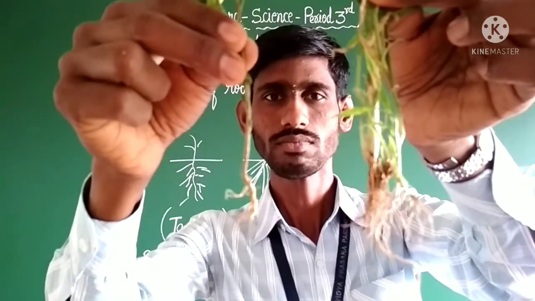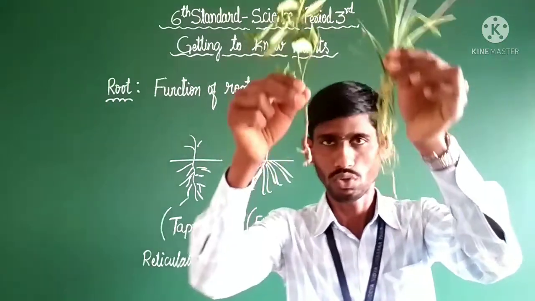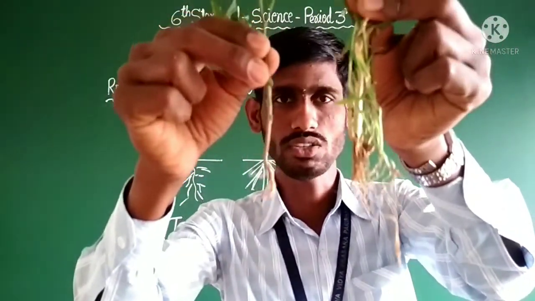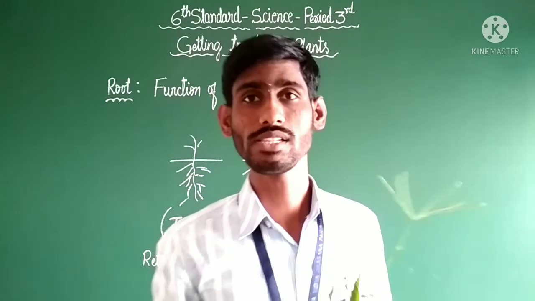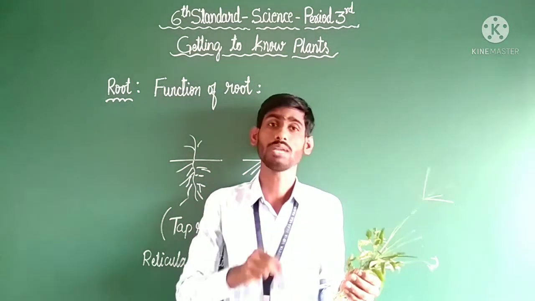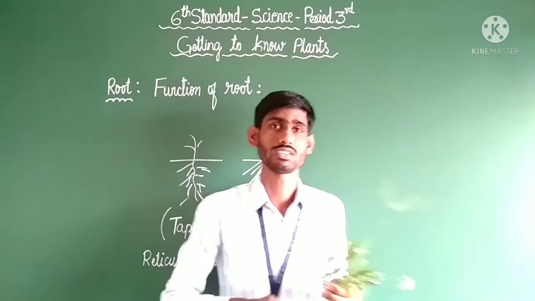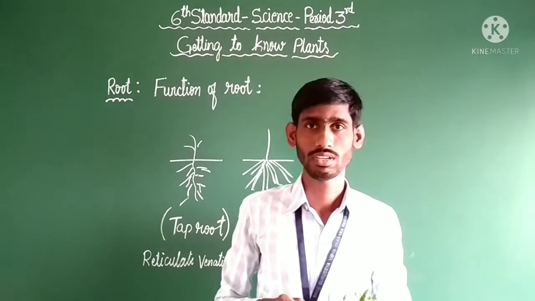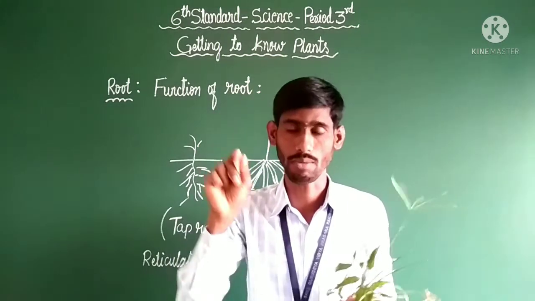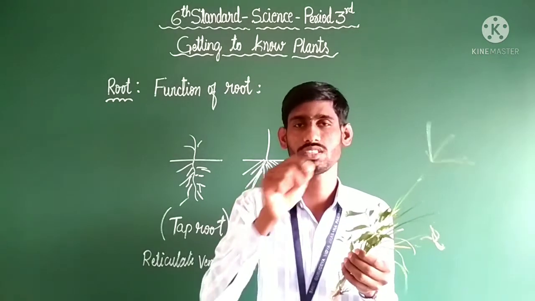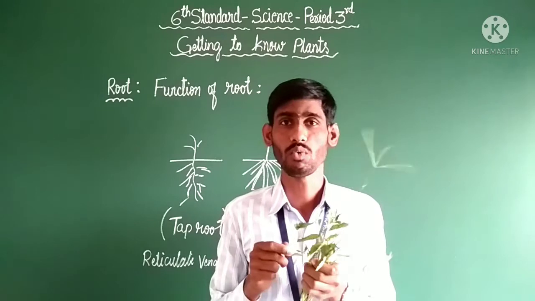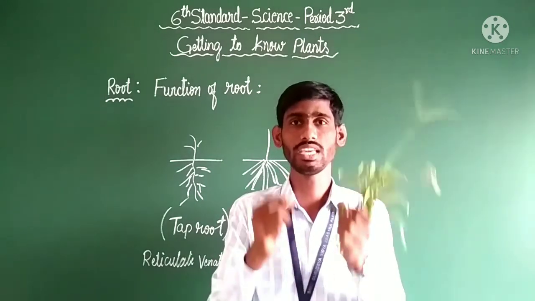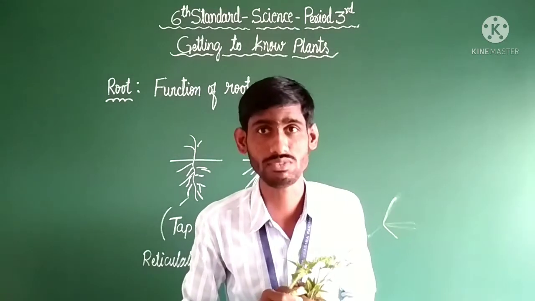Clear? Dear children, this root, as I have explained, helps a lot. This root absorbs water and minerals from the soil and passes them by the help of the xylem, and they reach all parts of the body. I mean the stem helps them reach all parts of the body. This system conducts the water and minerals, and finally the food is prepared in the leaves.